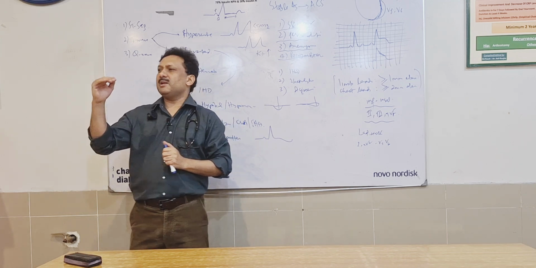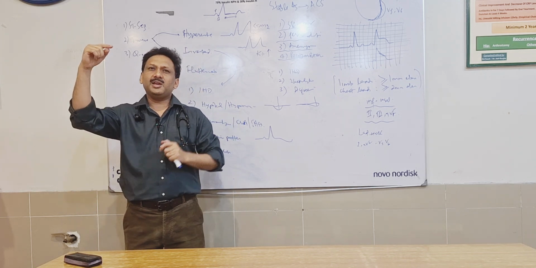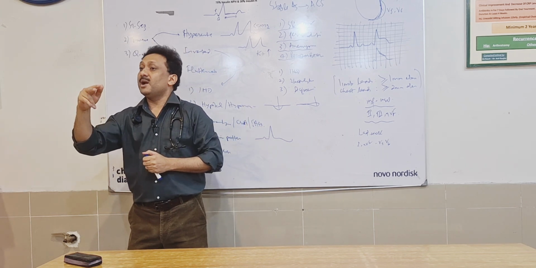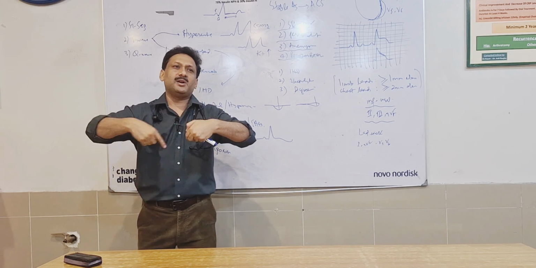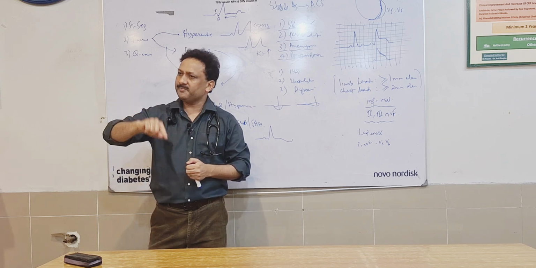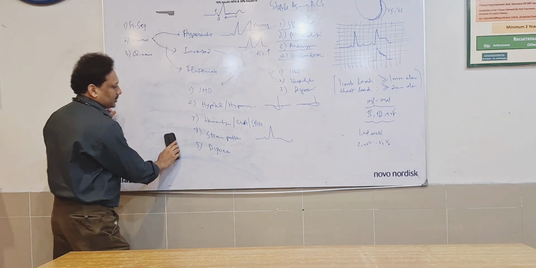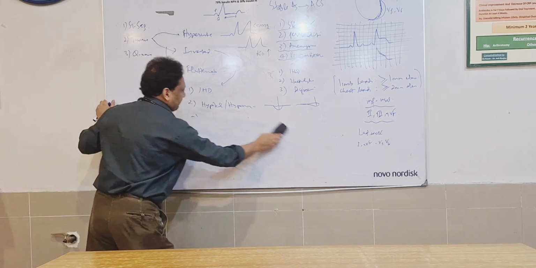Like a person is hyperkalemic, this is elevated, then he is going towards hypokalemia, the stage will come when that will be flattened, and then as the potassium drops more, there would be depression, and U wave formation and few other things. So that's about the T wave.